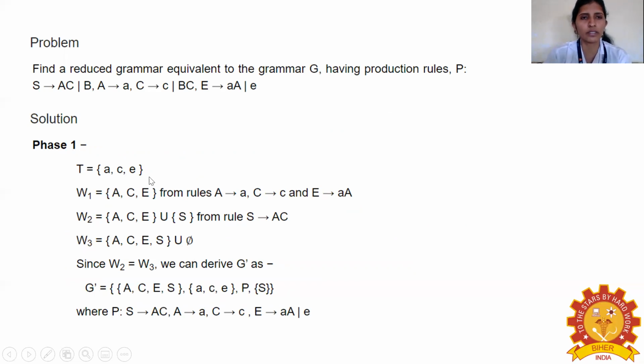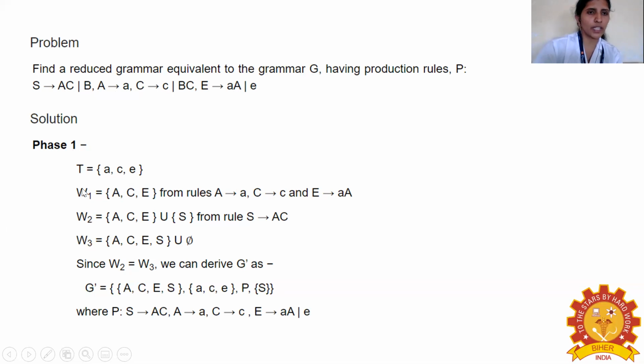Based on those reduction rules, we'll see this problem. Find a reduced grammar equivalent to the grammar G having the production rules P such that S → AC | B, A → a, C → c | BC, and E → aA | e.